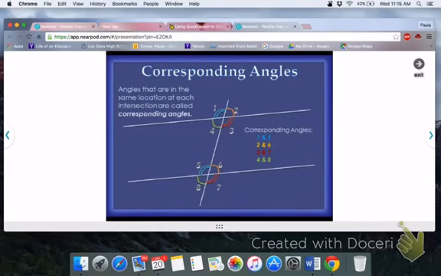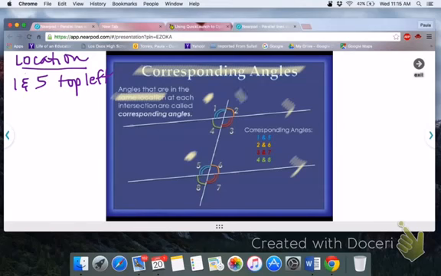So when we have parallel lines and a transversal, so I'm going to mark these so that you see that they're parallel, then we get some different types of special angles, and the first one is called corresponding. Corresponding simply means they're in the same location. So that's important, same location. If I look at 1 and 5 and I talk about their location, they're both top left. And if I look at 2 and 6, they're both top right.